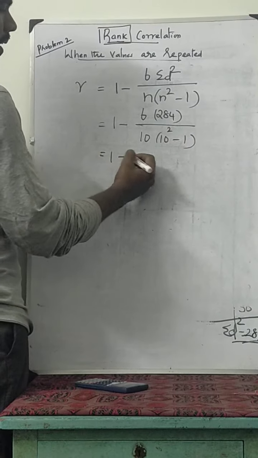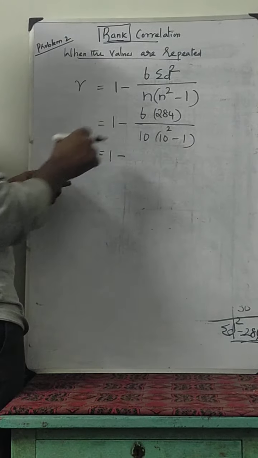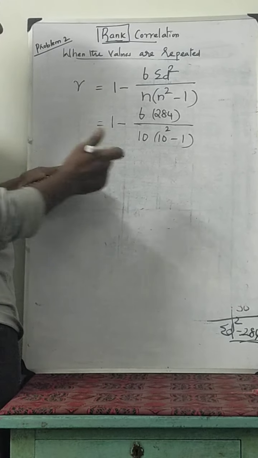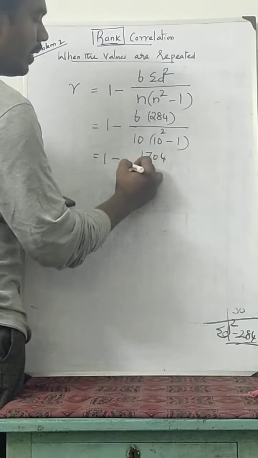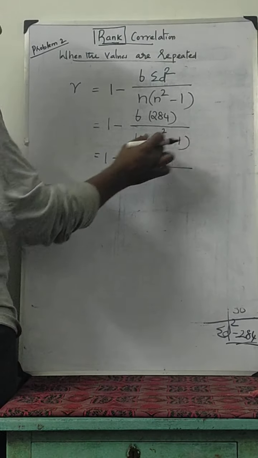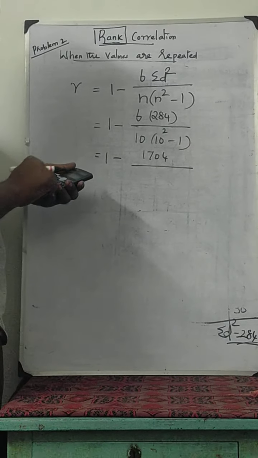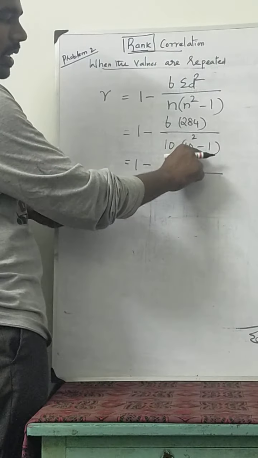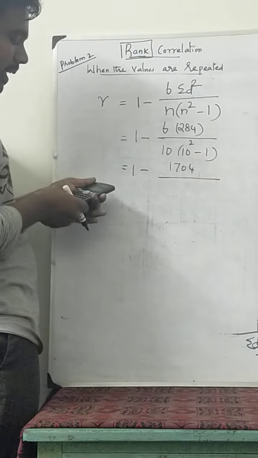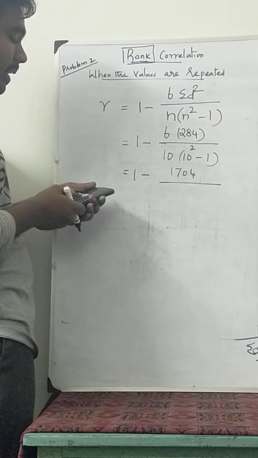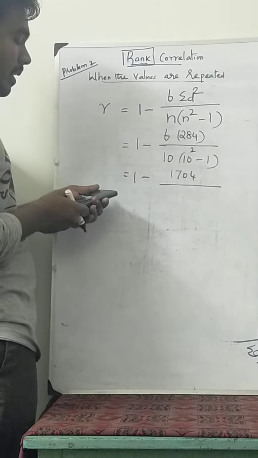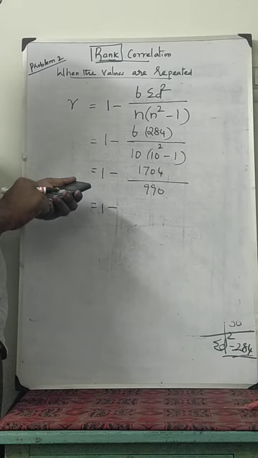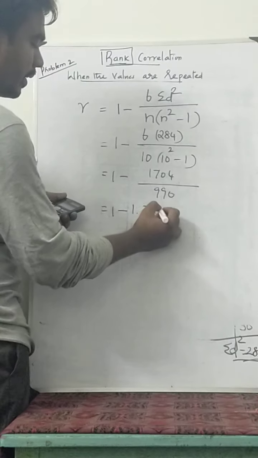Multiply 6 by 284, we get 1704, divided by 10 square, which is 100, minus 1 is 99, multiplied by 10 gives 990. Dividing 1704 by 990, you will get 1.7212.